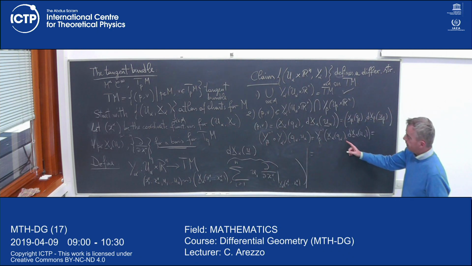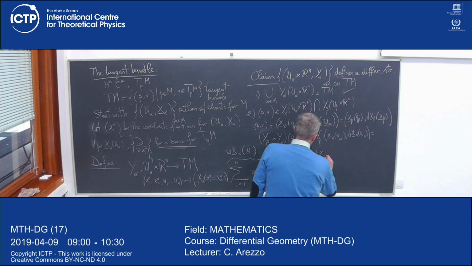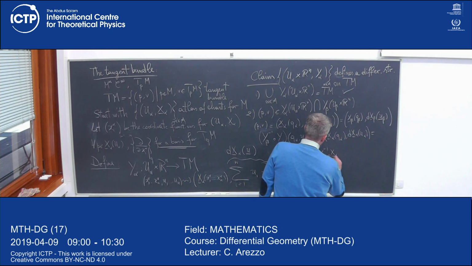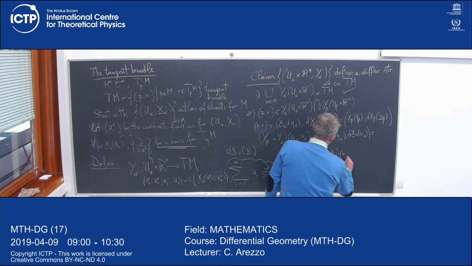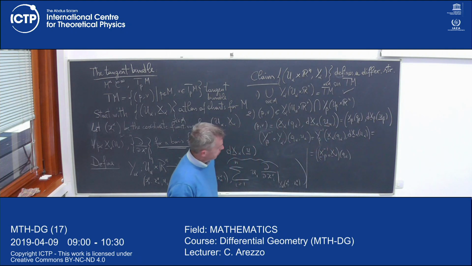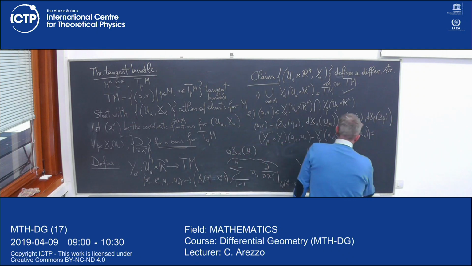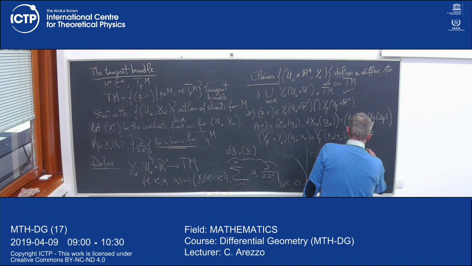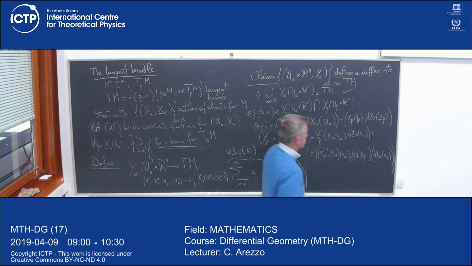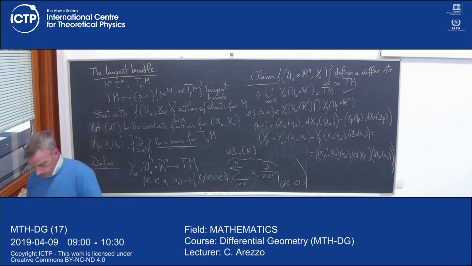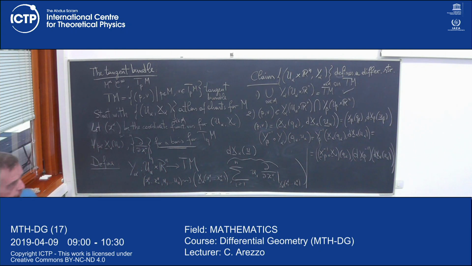So on the first part, this gives me x beta inverse composed x alpha applied to q alpha. And in the other part, y inverse acts like dx inverse. So this is dx beta inverse of dx alpha u alpha. And so we are done.